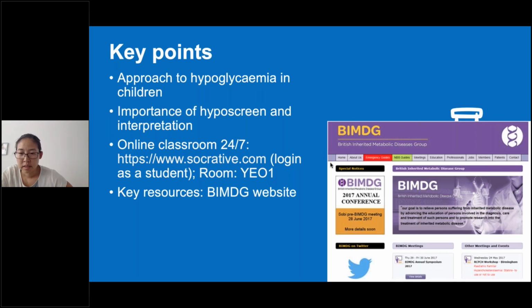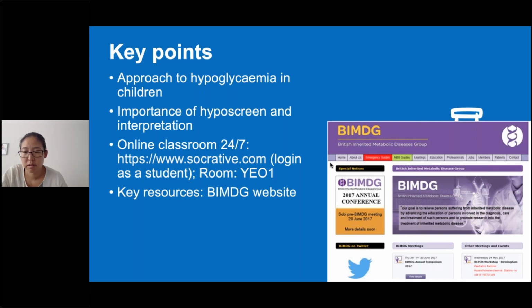Next question. Is it a must to have a hypoglycemia screen when I assume that the glucose infusion rate is more than 10?